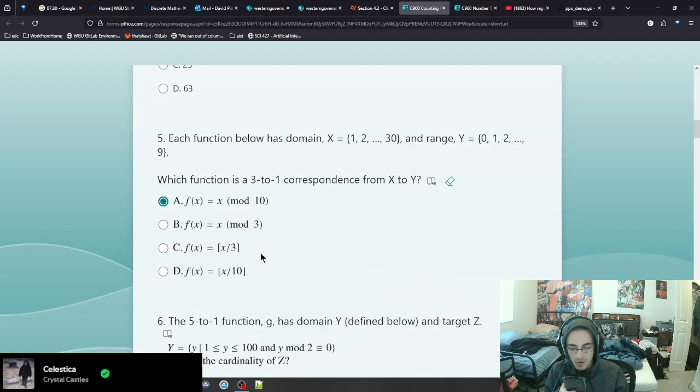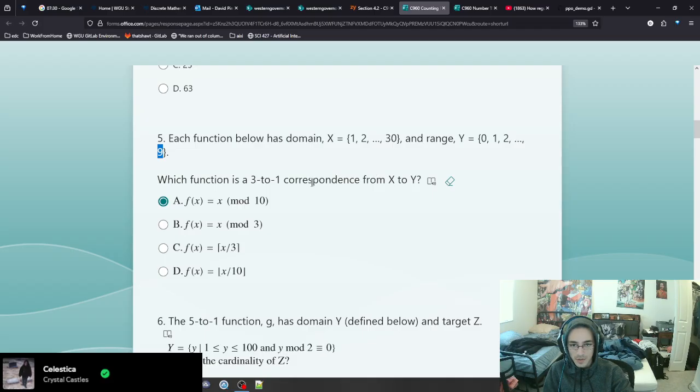Because when you go to 30, wait a minute. So, does this work? X over 3. Input over 3. So if I did 30 divided by 3, which is 10. But there is no 10.